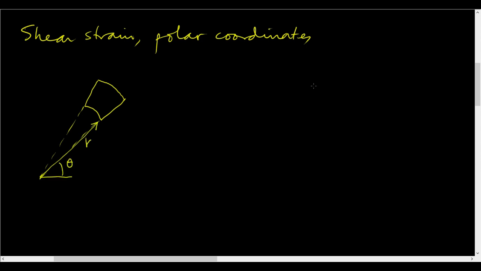Somewhere over here for reference we have an x and a y. This displacement is u, that displacement is v. This angle is delta theta.